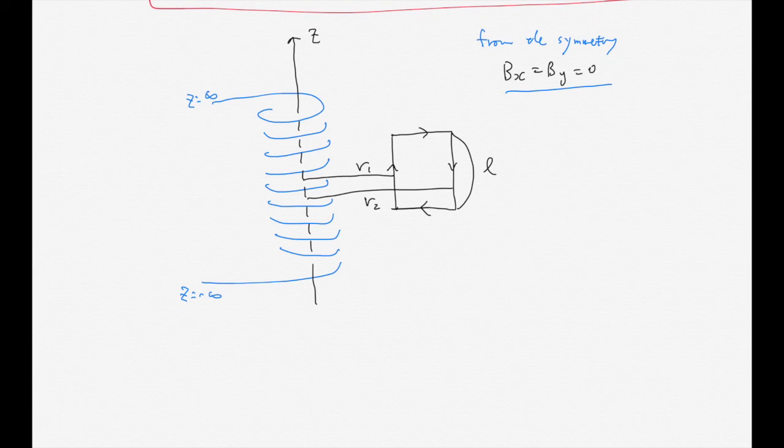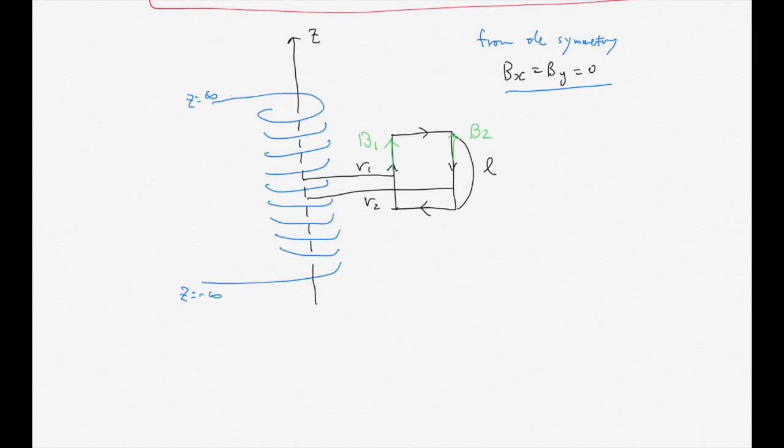Then we'd like to integrate the magnetic field, actually only the z component. We consider this point to be B sub 1 and this point B sub 2.